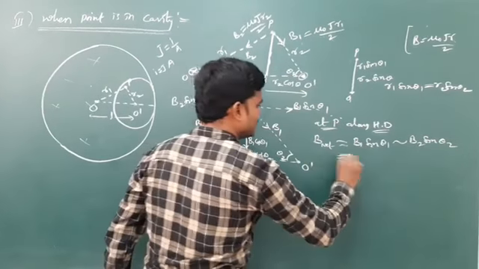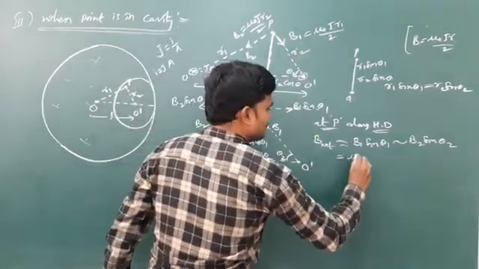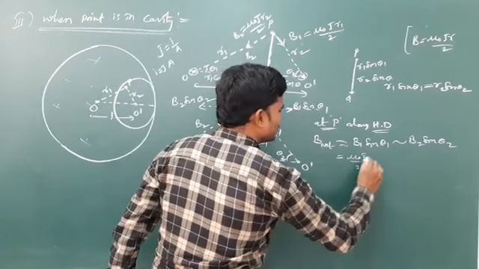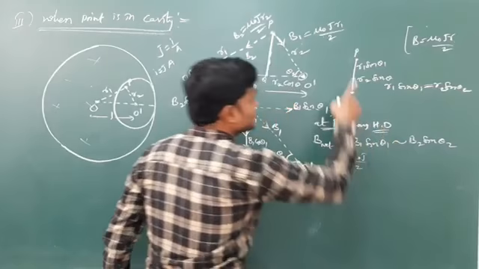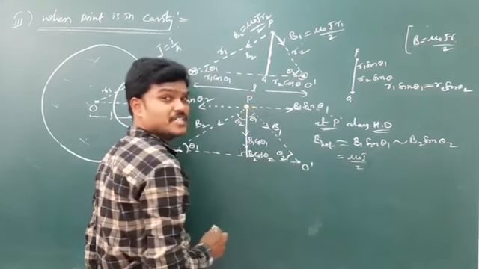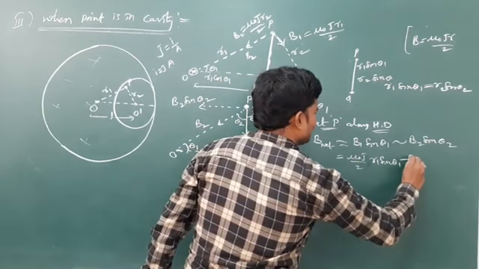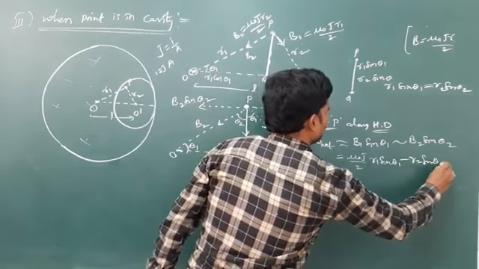What is B1? B1 is mu naught J R1 by 2, and B2 is mu naught J R2 by 2. So everywhere mu naught J by 2 is common, giving R1 sin theta 1 minus R2 sin theta 2.